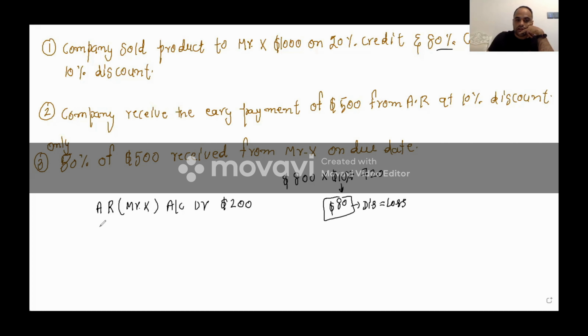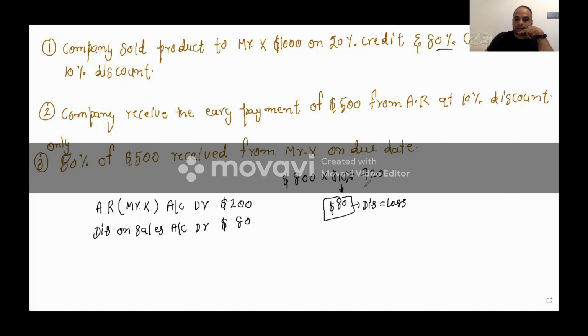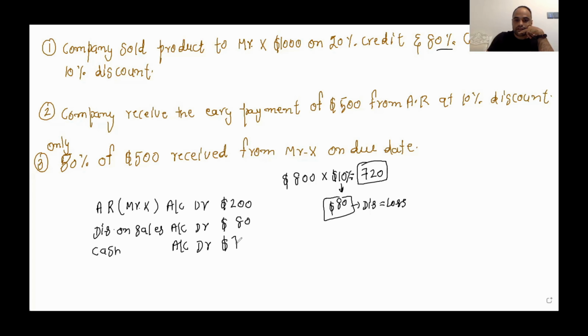So discounts on sales account debit, which is 80. Cash, you receive cash. Cash account debit, which is 720.